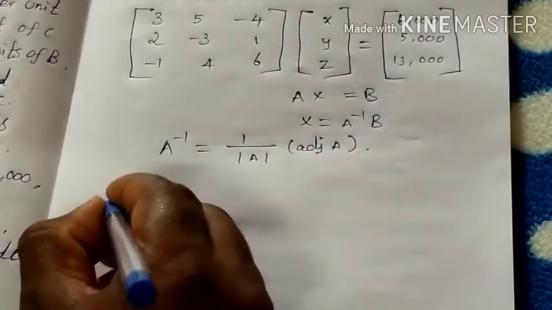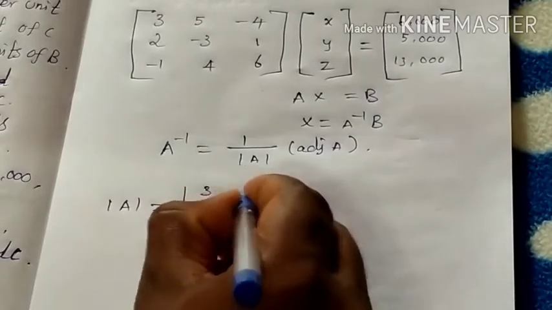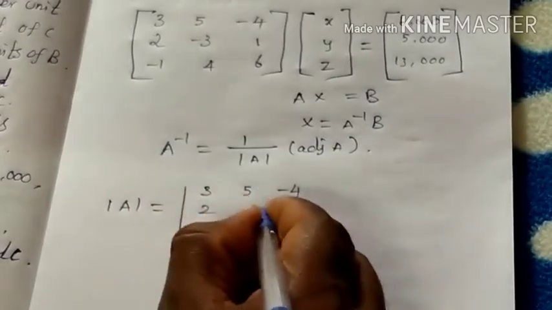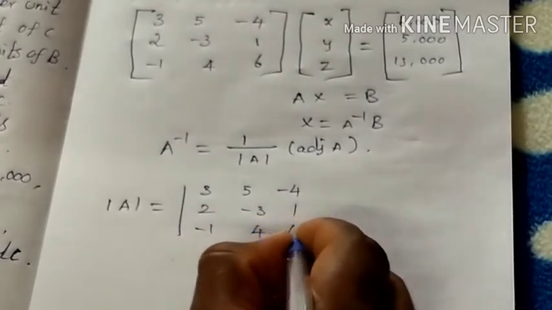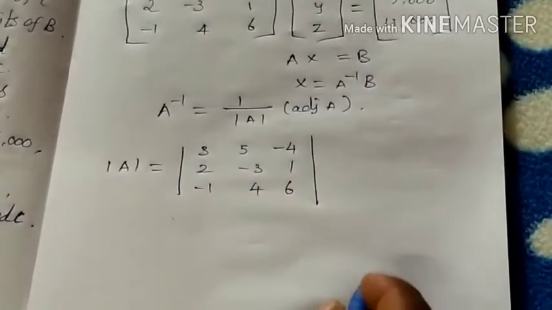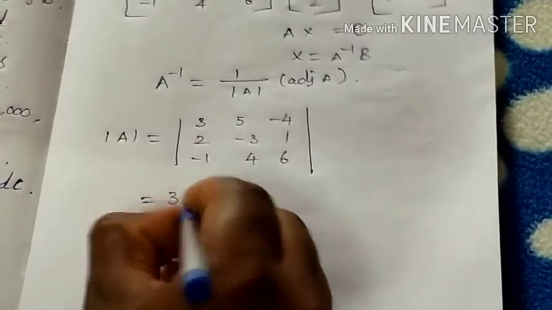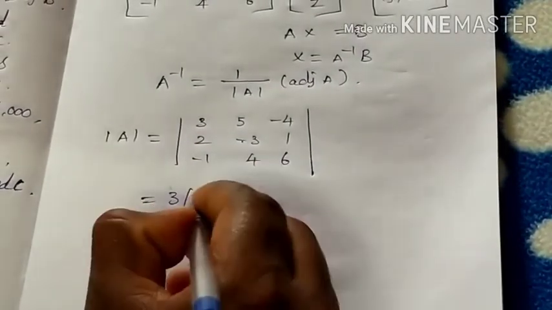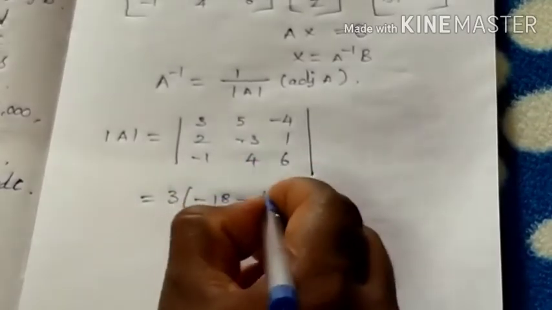Next, the determinant of A equals the determinant of [3, 5, -4; 2, -3, 1; -1, 4, 6]. Expand along R1, which is equal to 3 into, the sign is plus, (-3 × 6 = -18) minus (4 × 1 = 4).